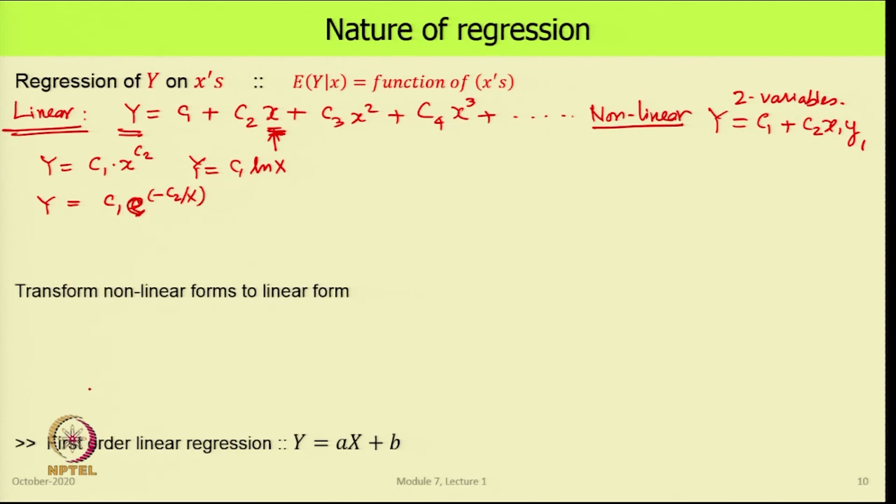This is also nonlinear. Or it could be a sinusoidal function, sin of C2 plus C3x. Or even y is equal to C1 plus C2 upon C3 plus x.